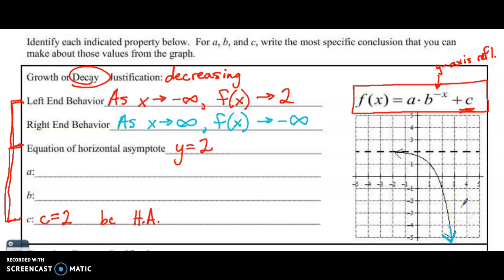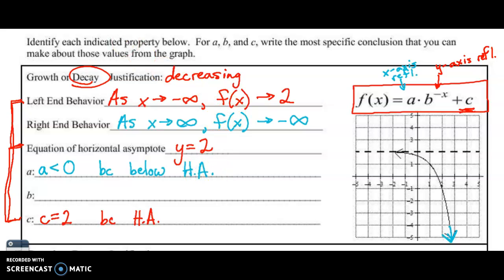So all we can deduce about this problem is that the a value must be smaller than 0. Why? Well, because we're below the horizontal asymptote, we must have an x-axis reflection here. So a quick reason could be because we're below the horizontal asymptote.